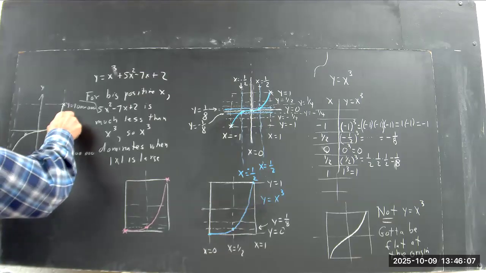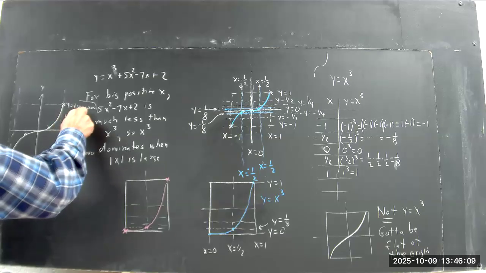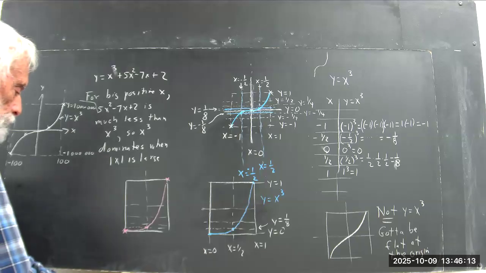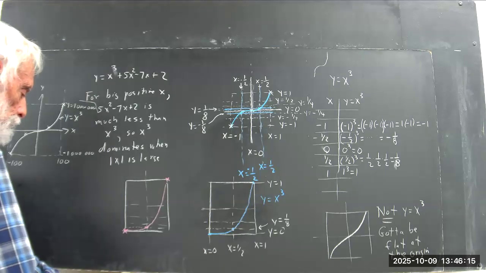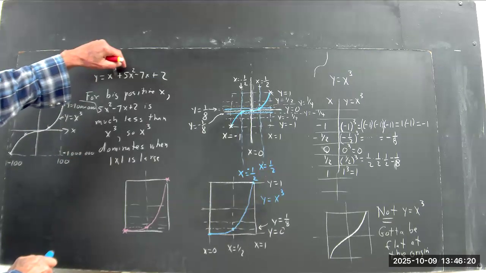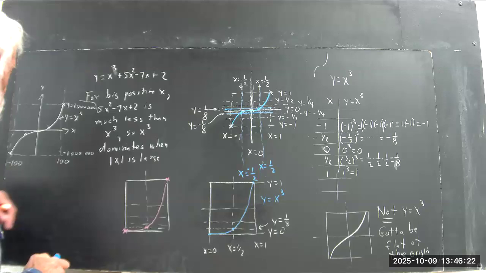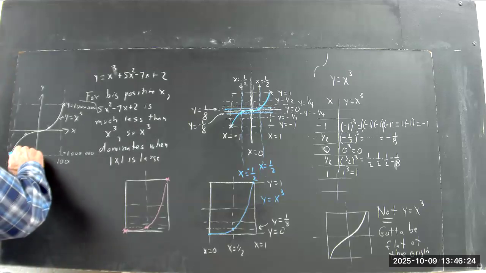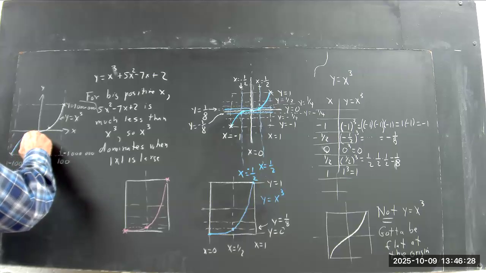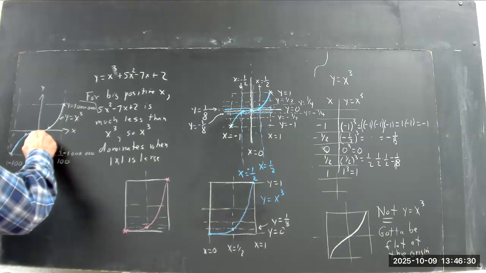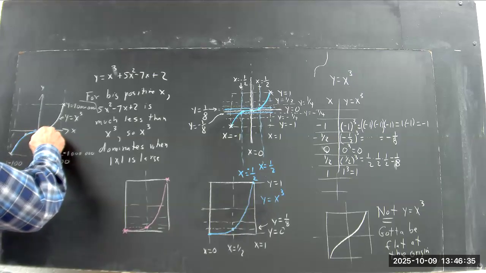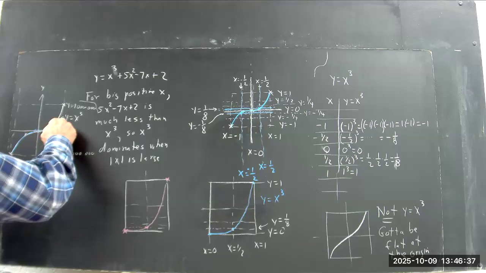So if this is a graph of y equals x cubed, the graph of y equals x cubed plus 5x squared minus 7x plus 2 is practically the same, until you get in here pretty close to 0, and then things can happen, and then it becomes pretty much the same.